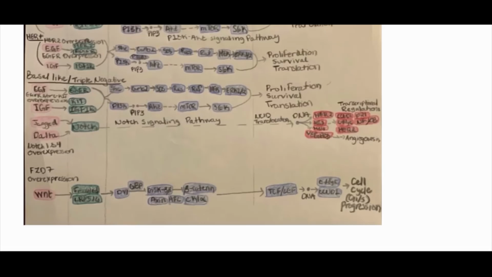It has the IGF, the jagged, the delta, and those can have a Notch 1 and Notch 4 overexpression. And they use the Notch signaling pathway. And then there's the WNT, which can have FZD7 overexpression. And all of these basically lead to the pathway just not ending when it needs to.